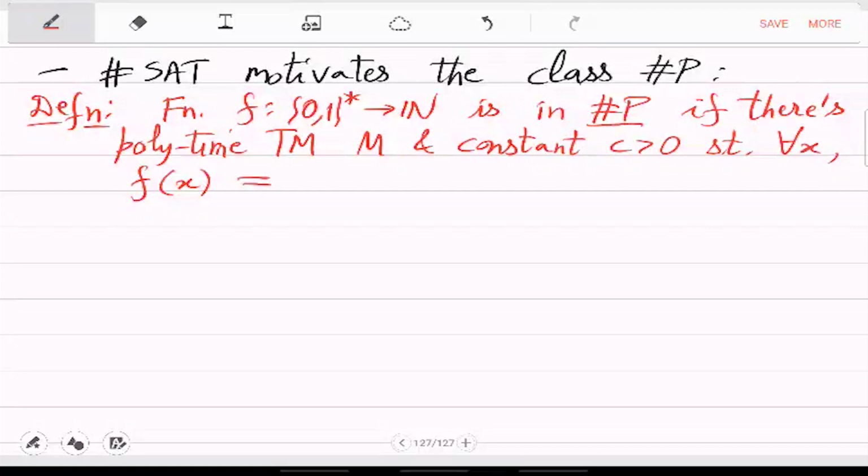So f of x is equal to the number of satisfying assignments, let's call it y, which can be polynomially longer than x, so |y| at most |x|^c, just as a formality, with M(x,y) equal to 1.